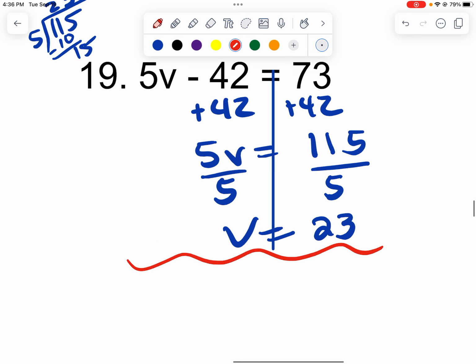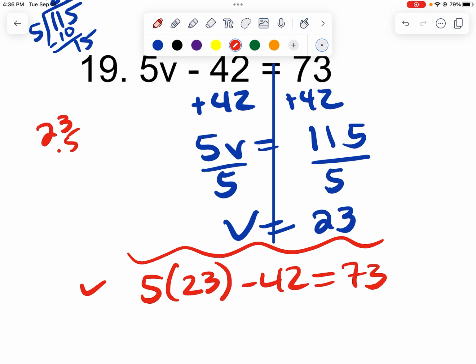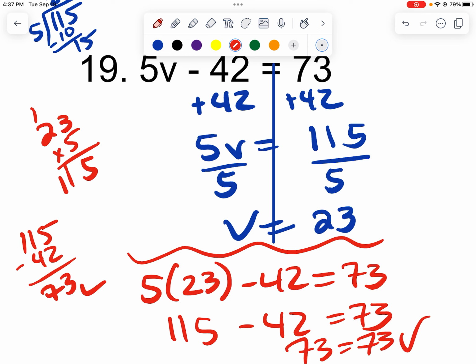Then 5 times 23 minus 42, does that equal 73? So 23 times 5, it's 15, that's 10, 11, yes, 115 minus 42. So 115 minus 42, that gives me 3, that gives me 73. Look at that. They do work, so my answer is 23.